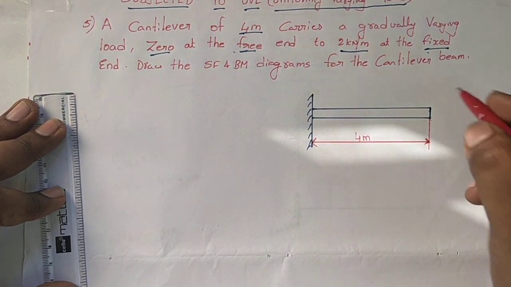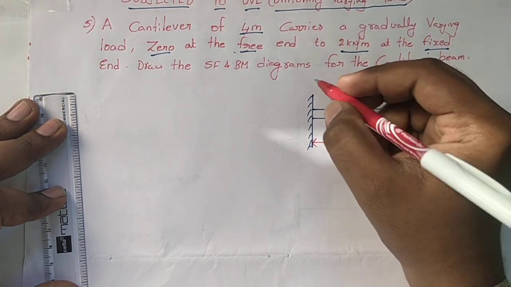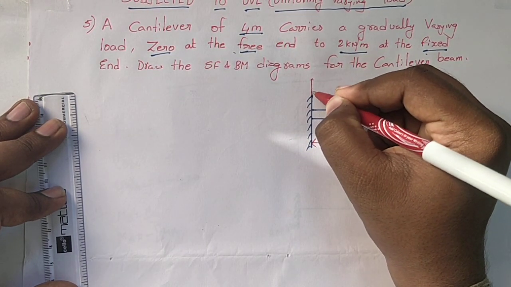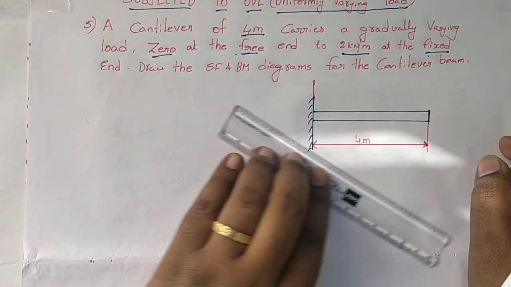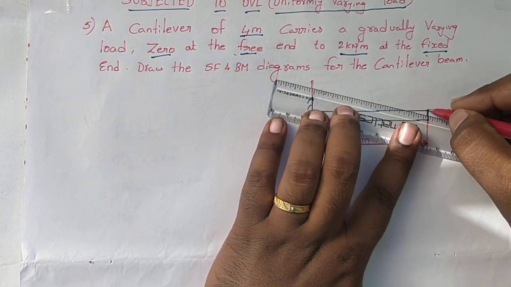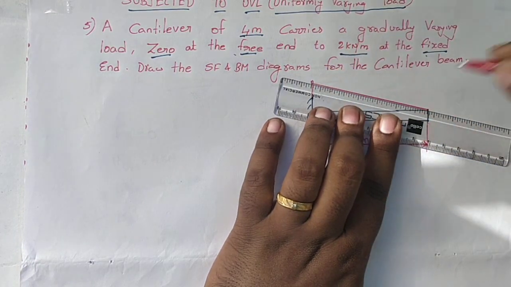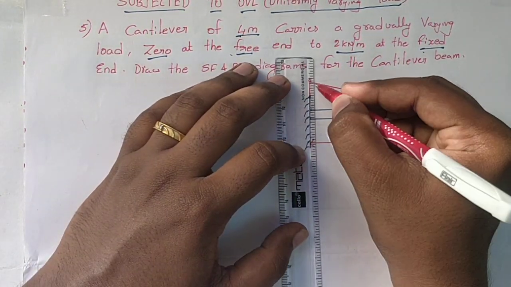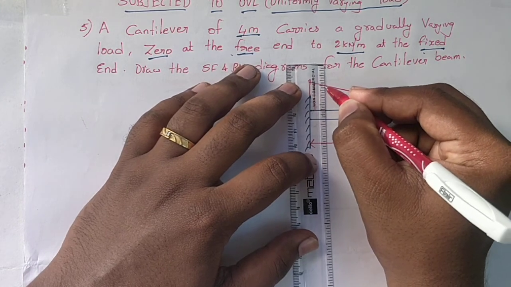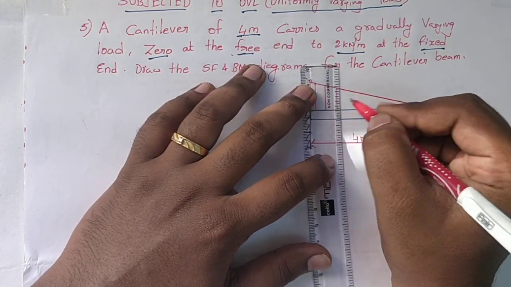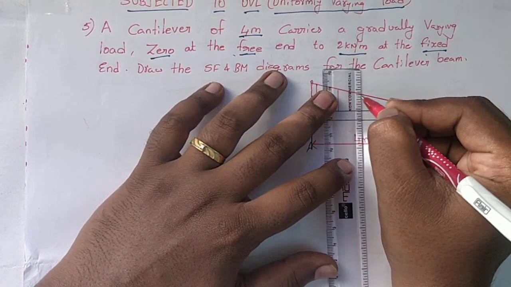Next, the load acting on the beam is a UVL load, that is 0 at the free end and maximum 2 kilonewton per meter at the fixed end. That is the given load.